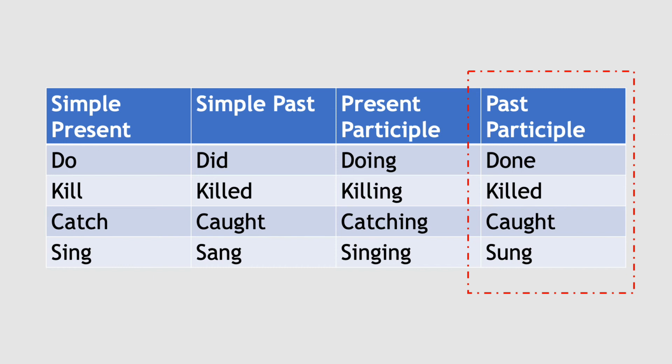And if you still remember the table for us to memorize all the past tenses and past participles, you will find the past participles on the right hand side of the table. It's just like this one. So we have do with the past participle done, or kill, killed, catch, caught, sing, sung.